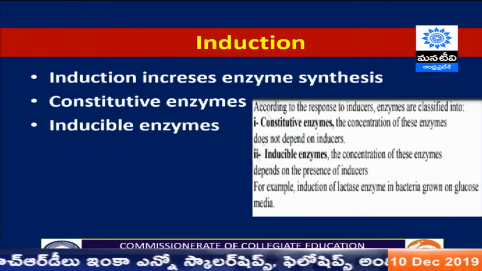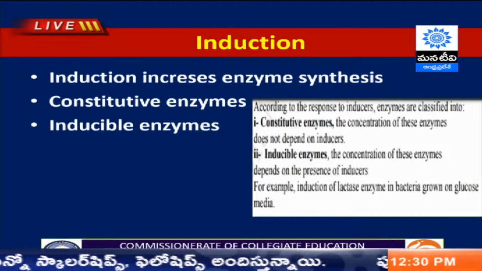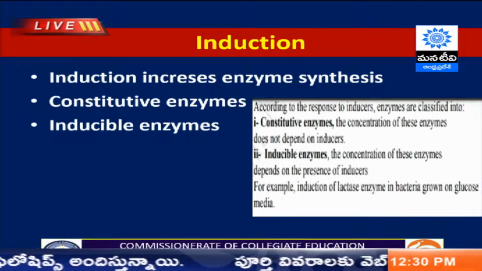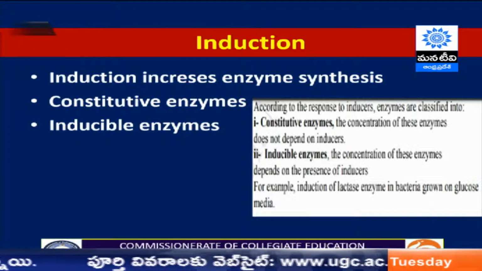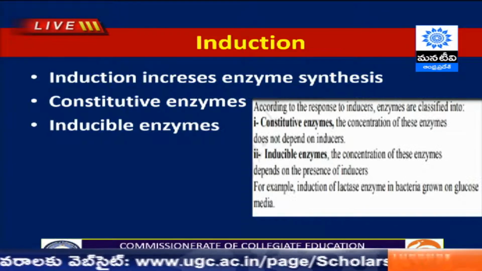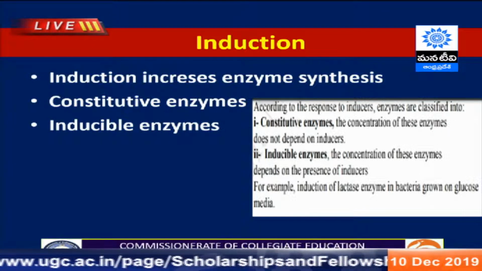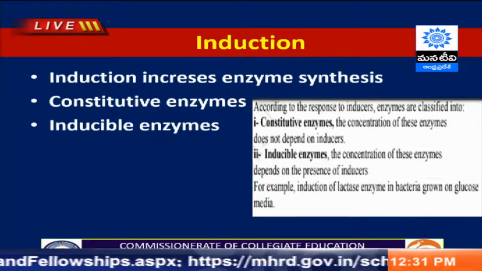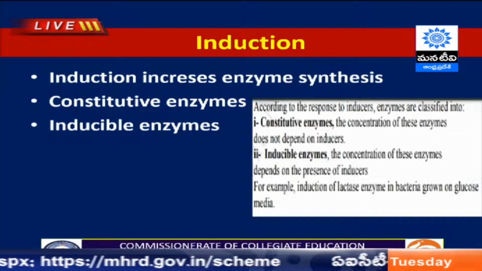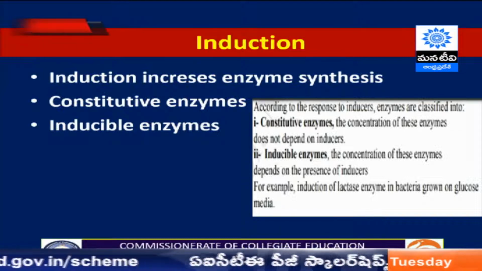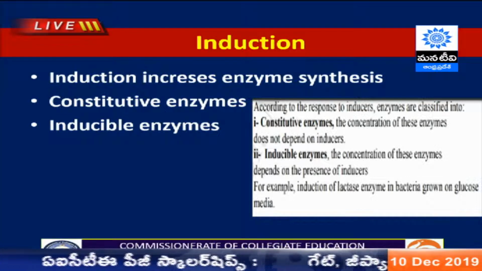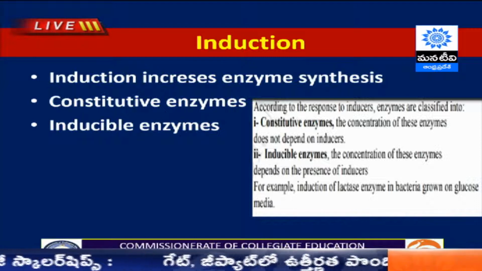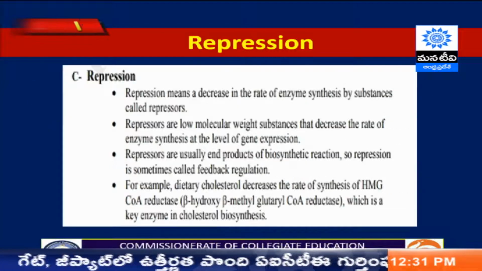Constitutive enzymes do not depend on the inducers, whereas inducible enzymes depend on the presence of inducers. For example, induction of lactase in bacteria growing on a glucose medium is an inducible enzyme. So, by induction also we can increase the quantity of the enzyme.